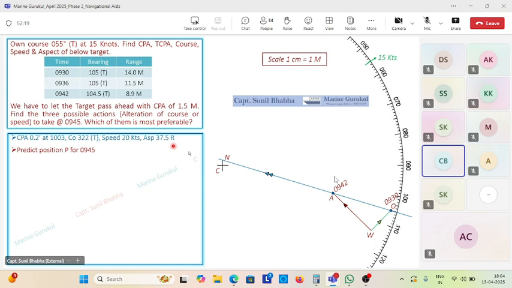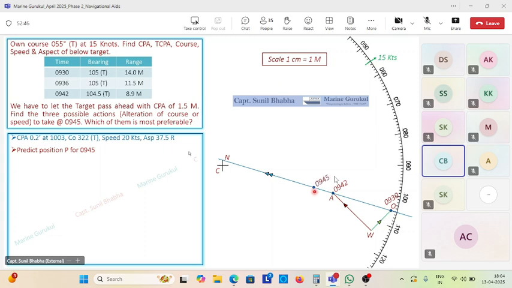Now proceeding ahead. Since the action is to be taken at 0945 hours, we have to first predict the position of the target ship at 0945. So basis this distance Oscar alpha covered in 12 minutes, we find out the distance which will be covered in 3 minutes, and from point A at that much of distance we mark off the predicted position of the target.